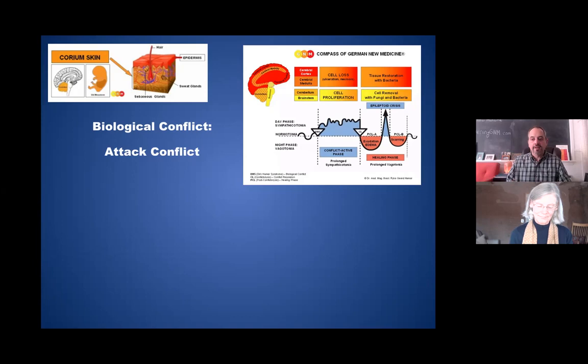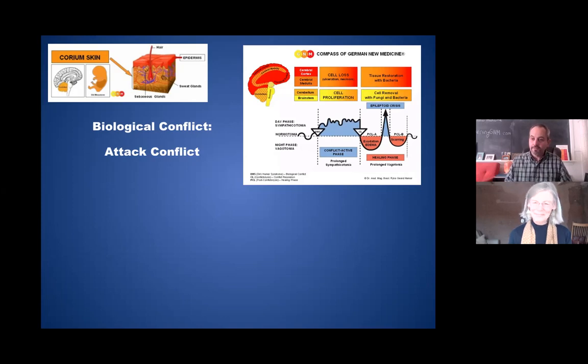Now, this attack conflict could also be activated by a medical procedure, like a biopsy or vaccination, or the procedure of pulling the fluid off the lungs. A mastectomy is another very common scenario that activates an attack conflict.